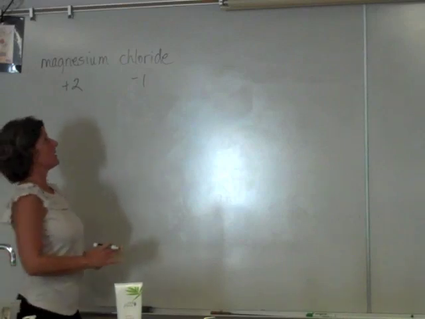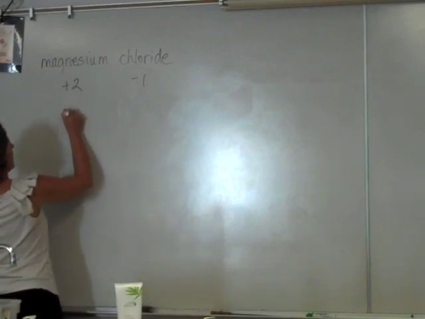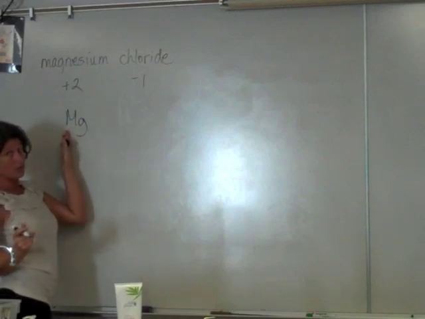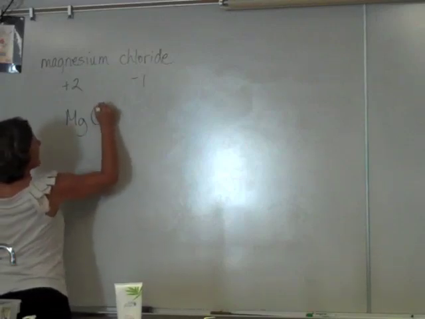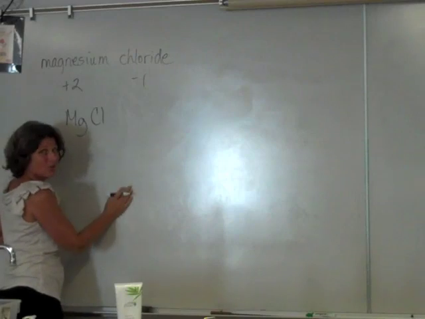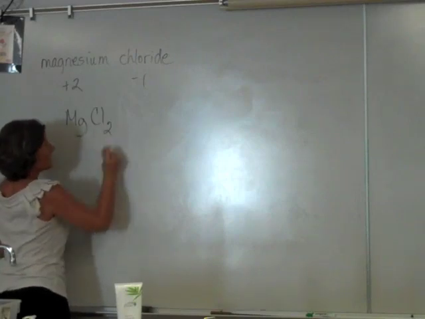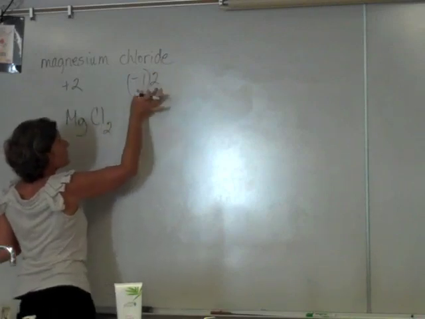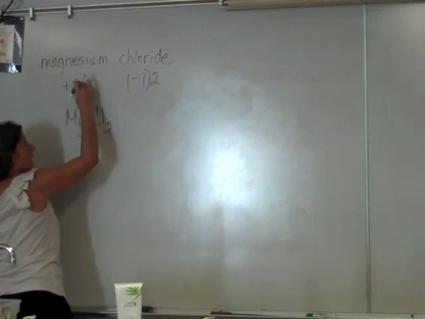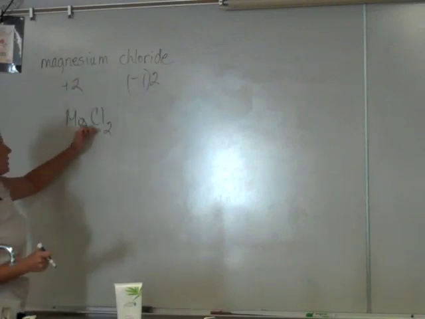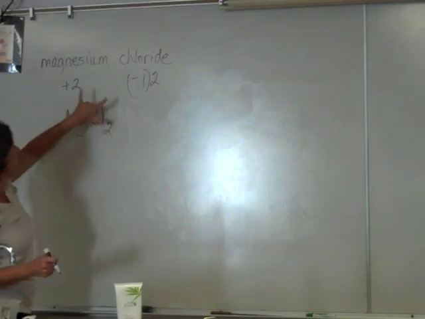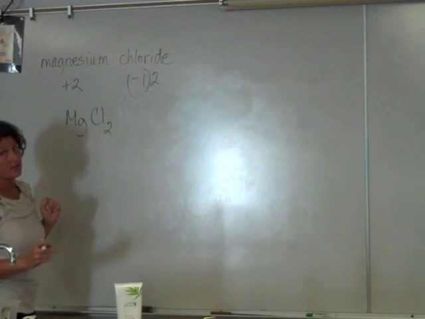I'm going to write Mg, using its symbol, Cl, and because I need 2 of them, 2. I've got to multiply this by 2, so that now I've got negative 2 and positive 2. MgCl2. That's what the subscript is for, to electrically balance this.